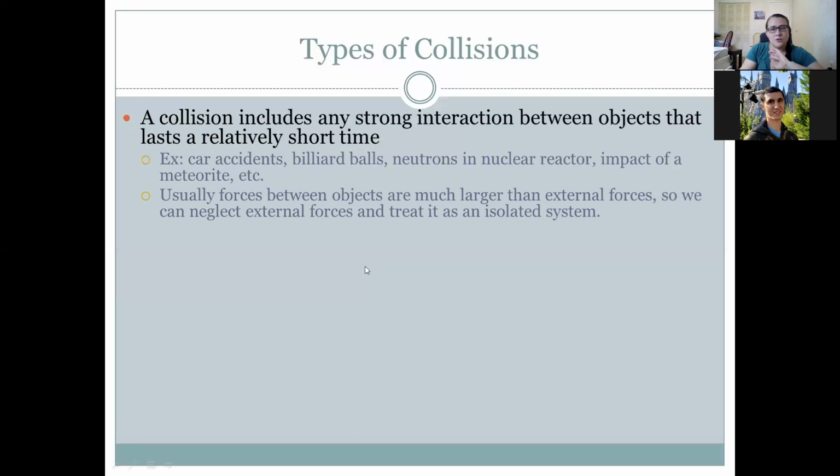And so we just ignore those external forces and treat it as an isolated system. I mean, there are cases where external forces are significant, but then we're not really dealing with conservation of momentum anymore. So that would be a different approach that you'd have to take for these problems.